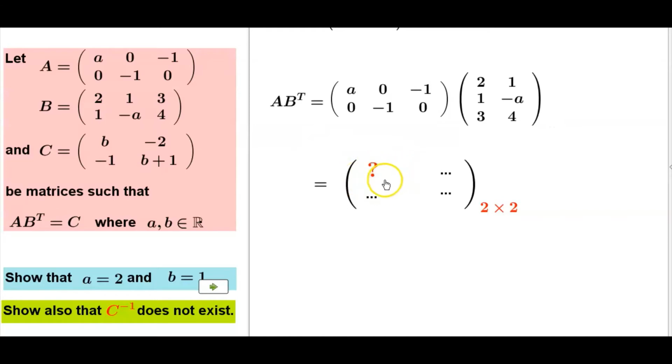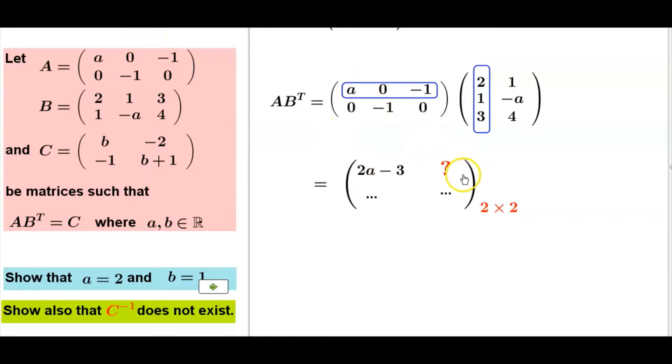For this element, multiply the first row into the first column, each element. That means A into 2, 2A, 0 into 1, 0, minus 1 into 3, minus 3. Adding all these gives 2A minus 3.